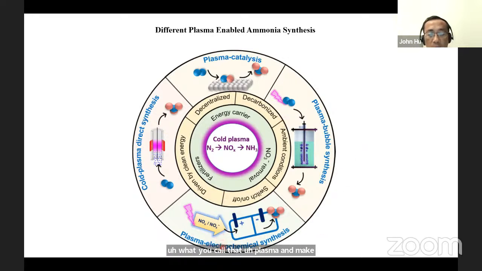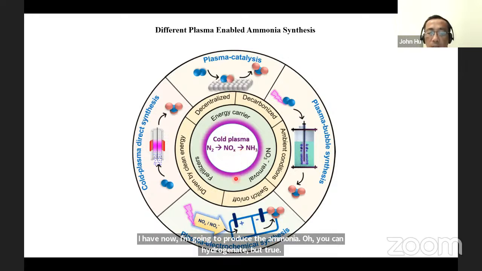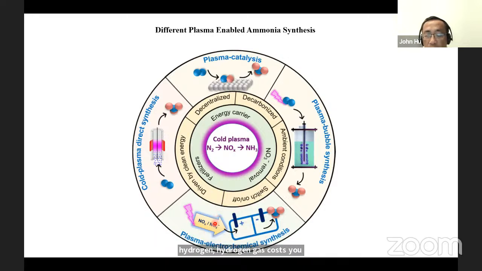So now you may be wondering, in the middle case, when I have NOx, how am I going to produce ammonia? You can hydrogenate, but true, hydrogen gas costs you money. There's a different way. You can combine plasma with an electrochemical process, which means using plasma to generate NOx and put that into the electrochemical cell.